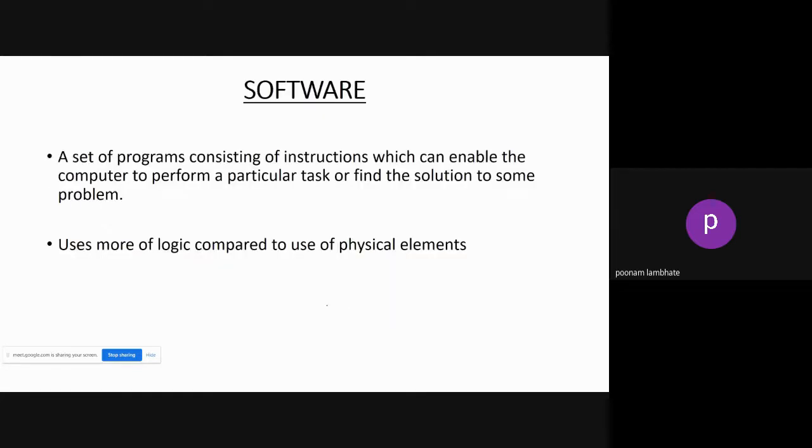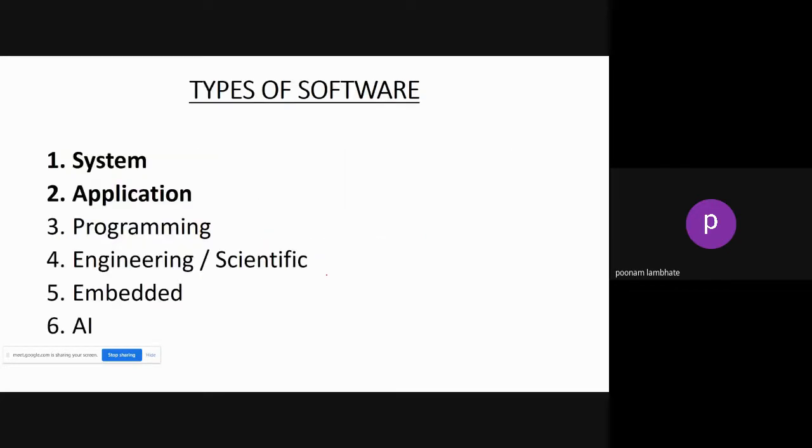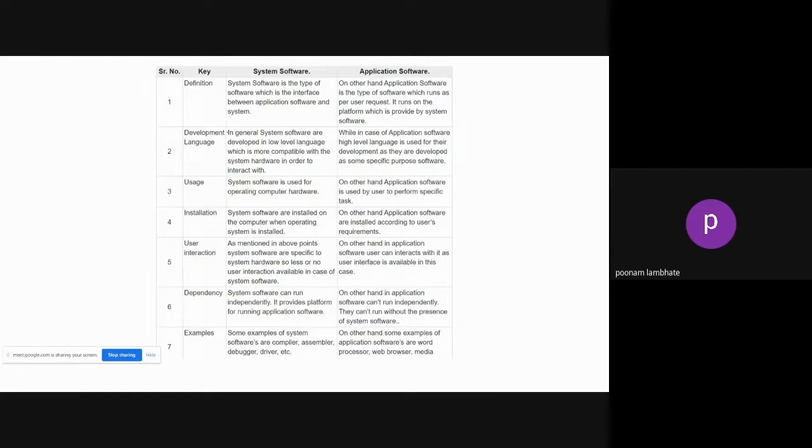Now, software is basically a collection of programs, and it can help to find the solution to a particular task. There are different types of software, like system software, application software, programming software, engineering or scientific software, embedded or AI. This is just for your information. There are certain differences between system software and application software.